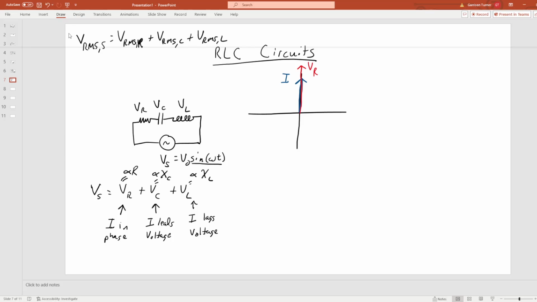And then the voltage across the, let's use green, the voltage across the inductor will lead the current, or your current lags the voltage. That's another way of saying that. And your voltage across your capacitor will lag your current. Okay?